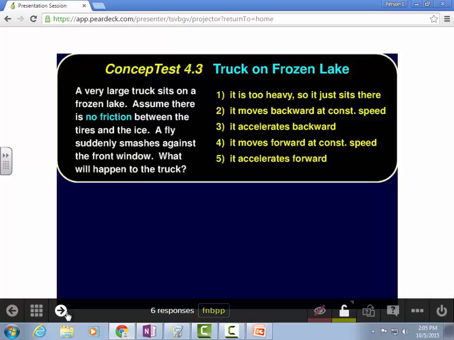It says what will happen to the truck. Okay. So it looks like you guys got trolled. All right.